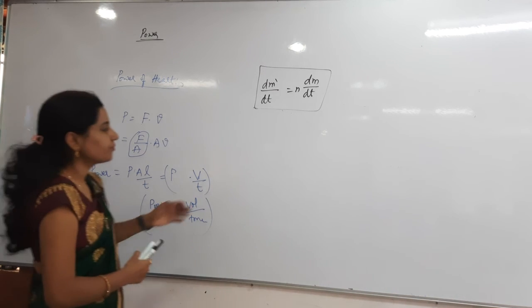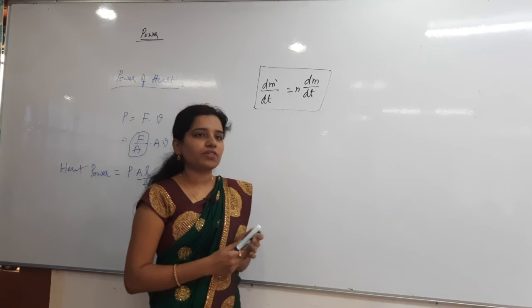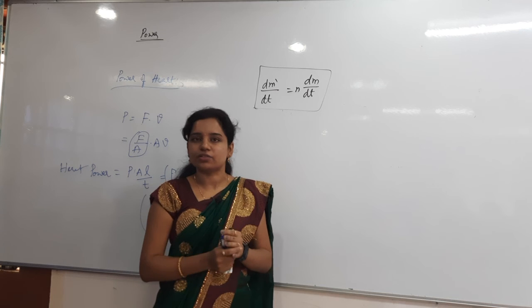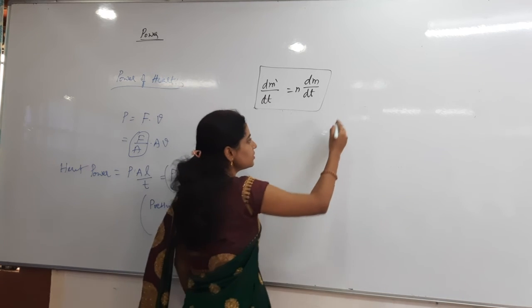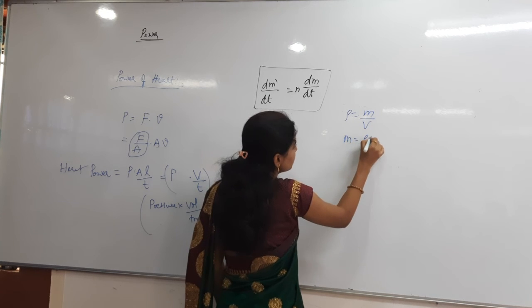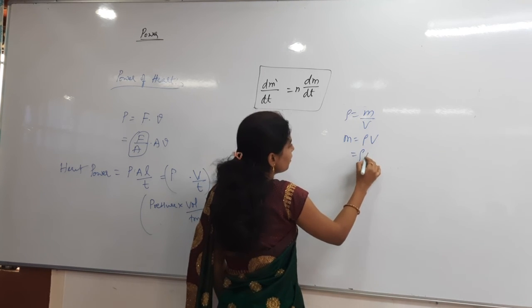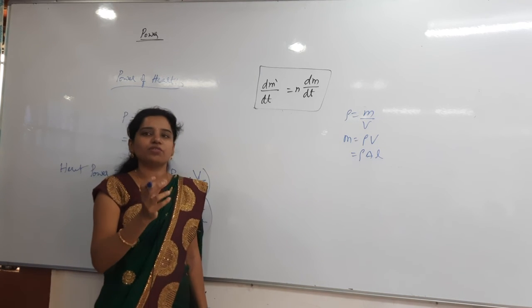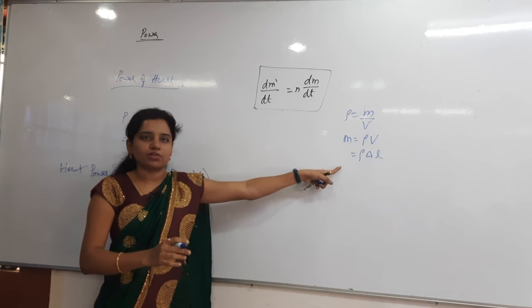Look at the board. Now here I said that density of the water is rho and area of the pipe is A. So here mass is equal to density into volume, nothing but area into length. That is what you have to take whenever you find any water like that. Always you have to take that formula only.